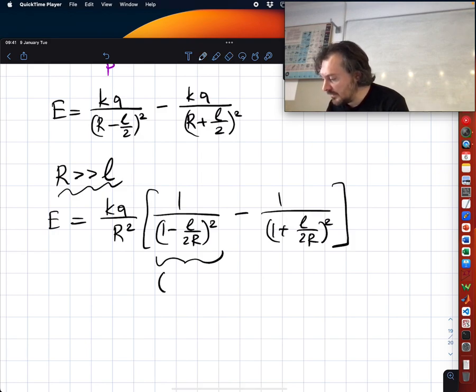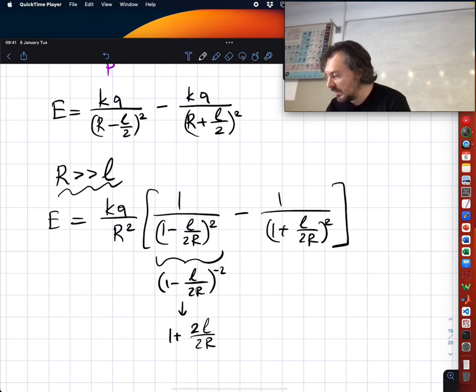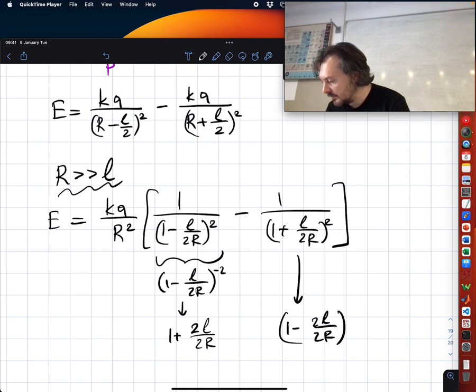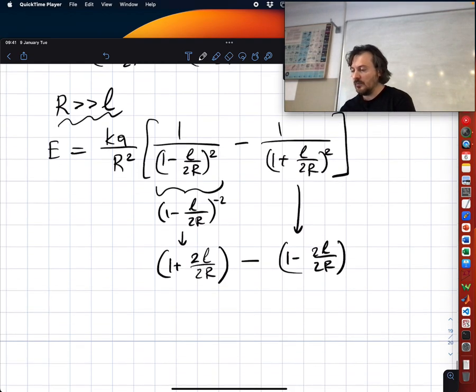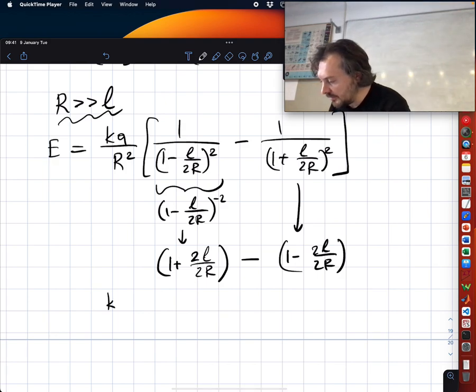So the whole thing is (1 minus L over 2R) to the power of minus 2, which means that if you do the approximation, it's 1 plus 2L over 2R, while this one is 1 minus 2L over 2R, right? What do you get when you do all this algebra? KQ over R squared.